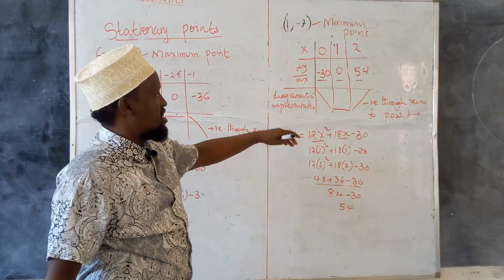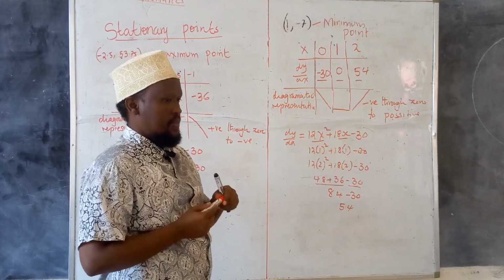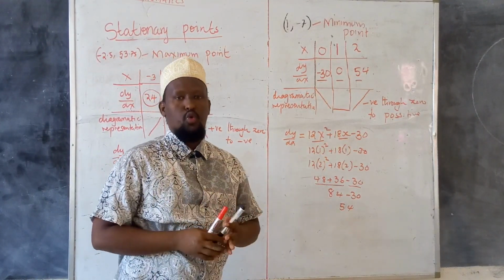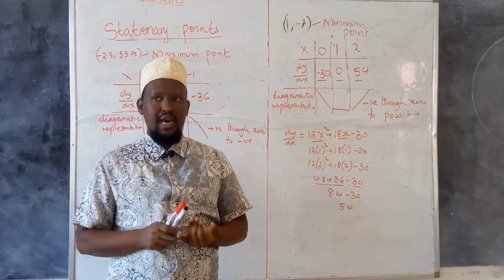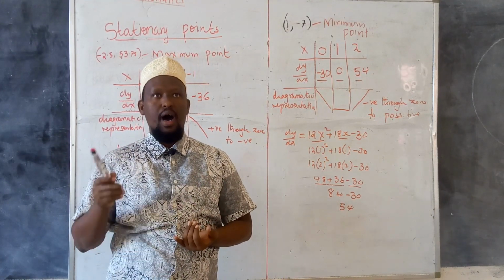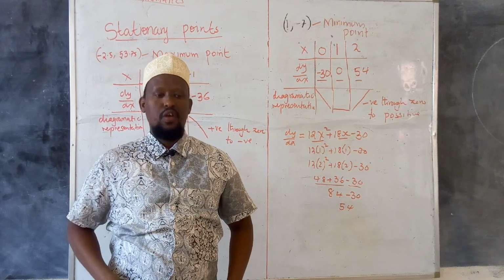So if the sign changes from negative through 0 to positive, then the point is a minimum point. That is how you are supposed to find the stationary points. That is how you are to tell whether the points are maximum, minimum, or points of inflection.